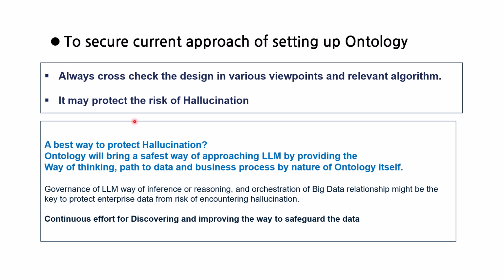And another very important idea is that we have to secure the current approach of setting up ontology. I mean the quality of the ontology. So there always should be a cross check that the design is correctly defined and generated, so that it can protect against the risk of hallucination. So what is the best way of protecting against hallucination? Actually, ontology will bring the safest way of approaching LLM by providing a way of thinking, a path of data, and business process by the nature of ontology itself.